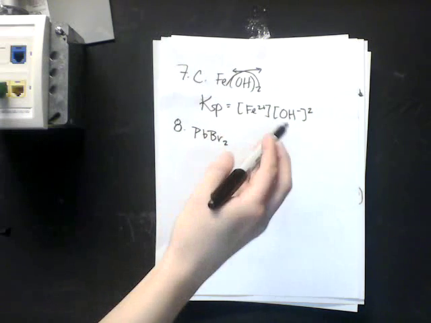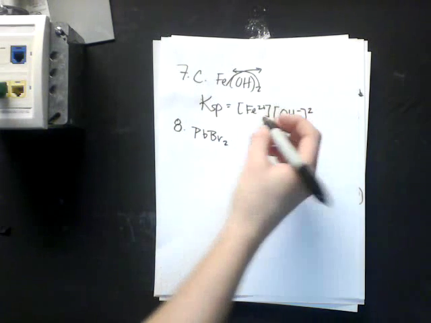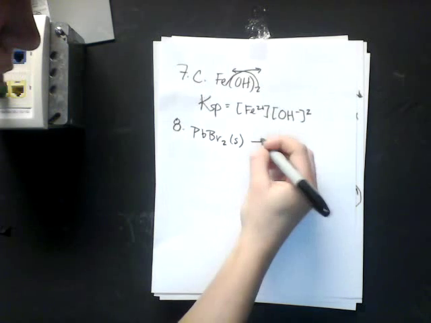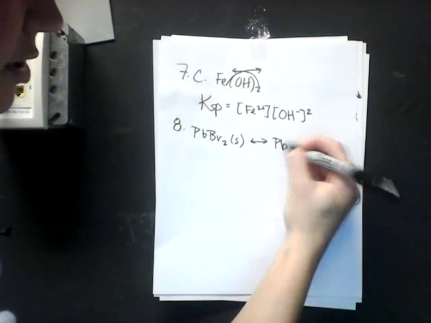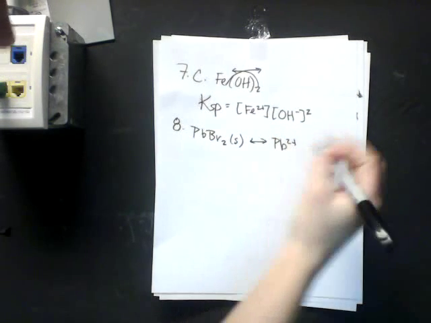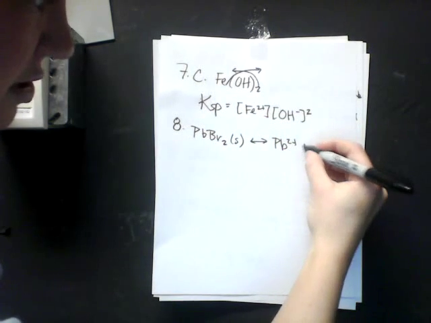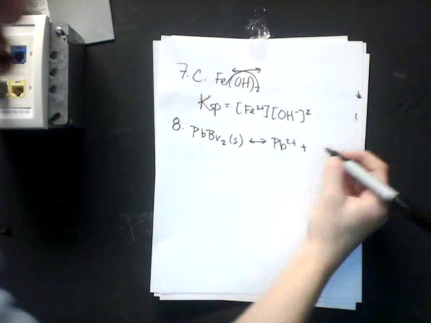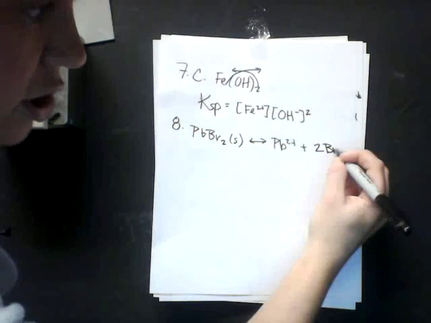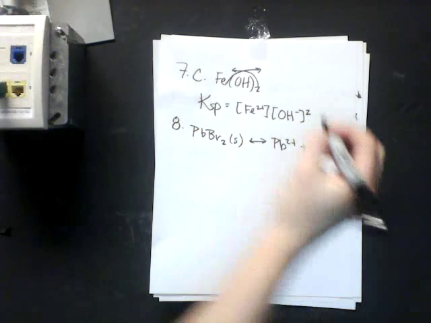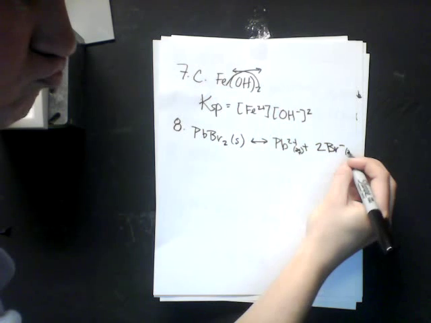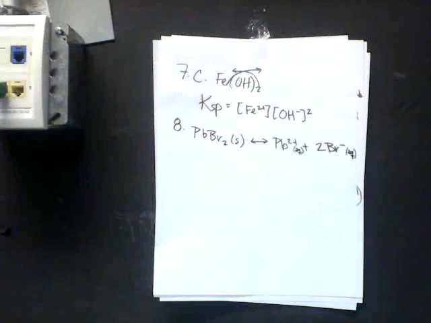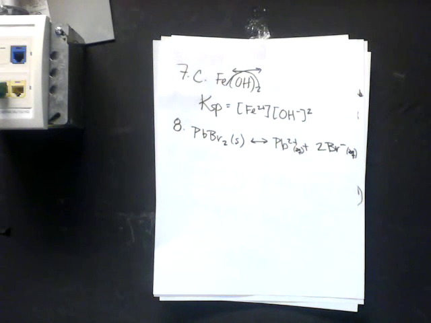You want to split it up into its ions. This is a solid. Pb 2+, right? And then plus, how many Brs are here? 2, so you have to account for that here. Br minus, but then I need to put a 2 in front of it. And these will both be aqueous. It starts off as a solid, then it becomes aqueous.